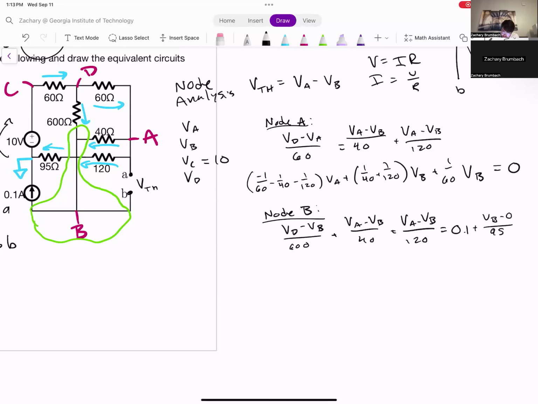And I'll rewrite this instead as 1 over 40 plus 1 over 120 VA plus minus 1 over 40 minus 1 over 120 minus 1 over 600, minus 1 over 95 VB.